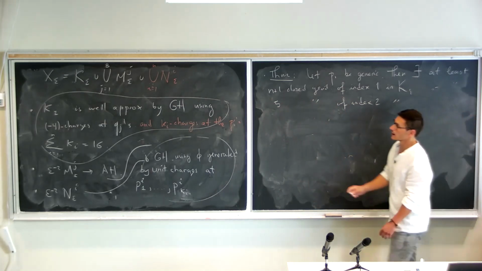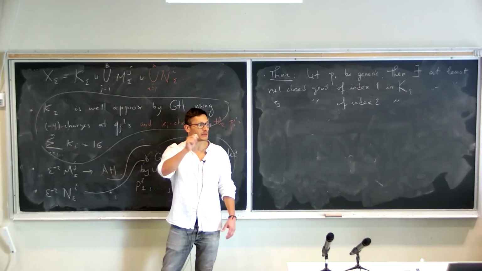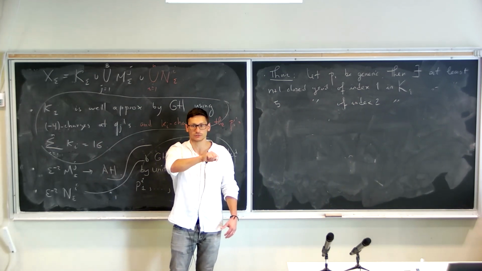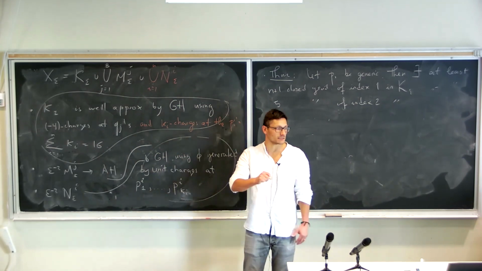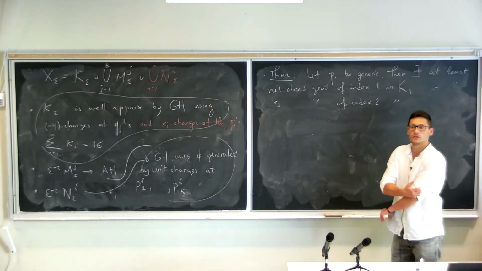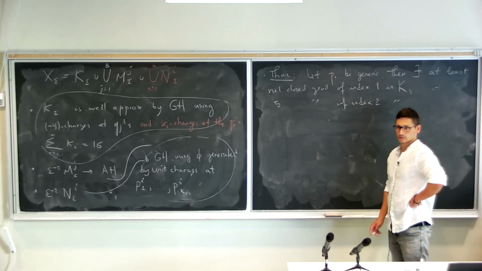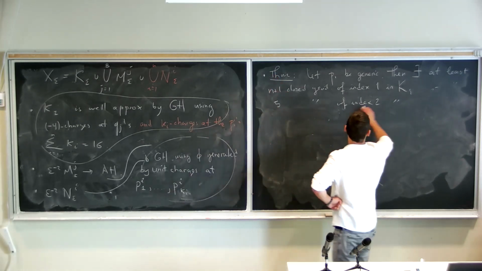N is the number of charges you pick, the number of extra points where the curvature is concentrating when you take the limit of these K3 surfaces. N is at most 16, right? You can choose them arbitrarily. So that's in K_epsilon.